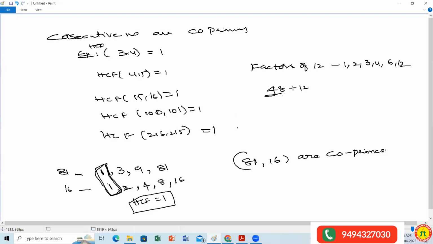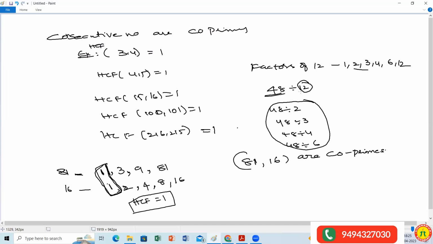The factors of 12. 48 is also divisible by 2, yes, because it is an even number. 48 is also divisible by 3, by 4, and by 6. That means it's always divisible by the factors of 12.